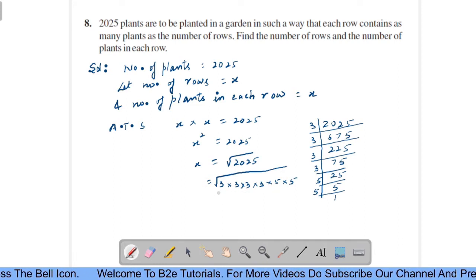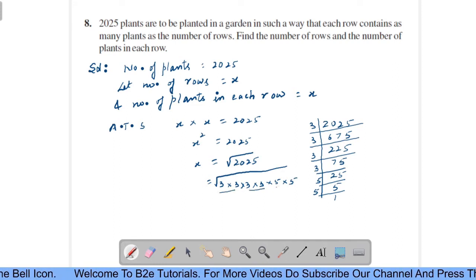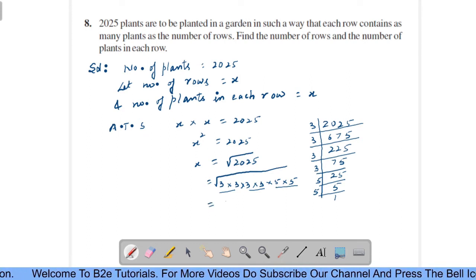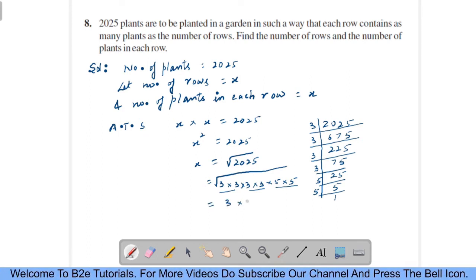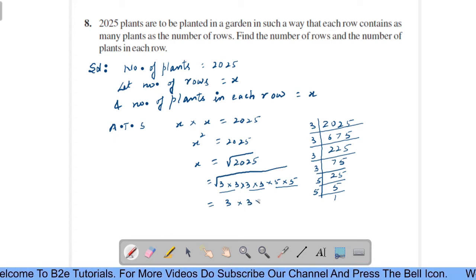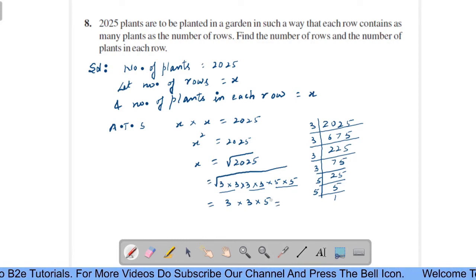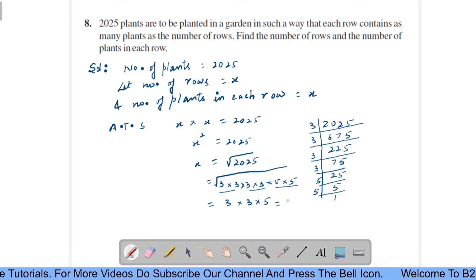Now make pairs of 2 and take one number from each pair, that is 3 into 3 into 5. Multiply it, 3 threes are 9, 9 fives are 45.